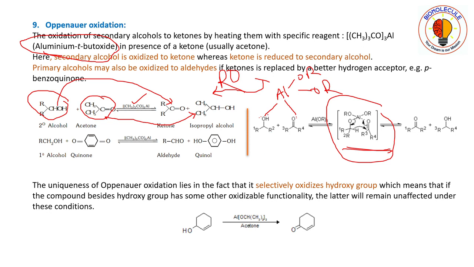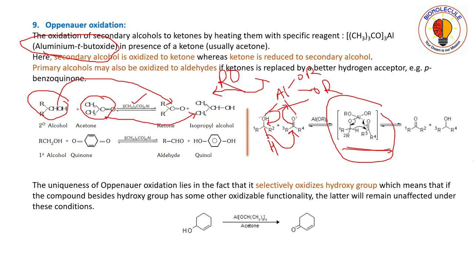Now what will happen is that this aluminium-oxygen bond will break and form a carbon-oxygen double bond, and one hydride transfer will take place to this carbonyl carbon, and this carbon-oxygen double bond will become a carbon-oxygen single bond, and one oxygen-aluminium bond will form, which after hydrolysis will break.